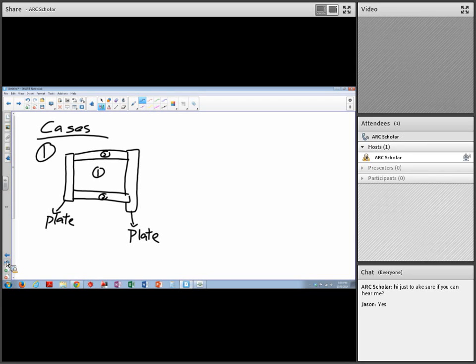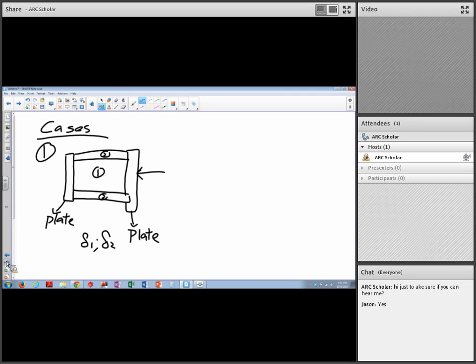So if there is a compression force here, what will be the relation between deformation 1 and deformation 2? Because there is a plate here, the plate is going to stick to bar 1 and bar 2, so how much bar 1 compressed is going to be equal to how much bar 2 compressed.